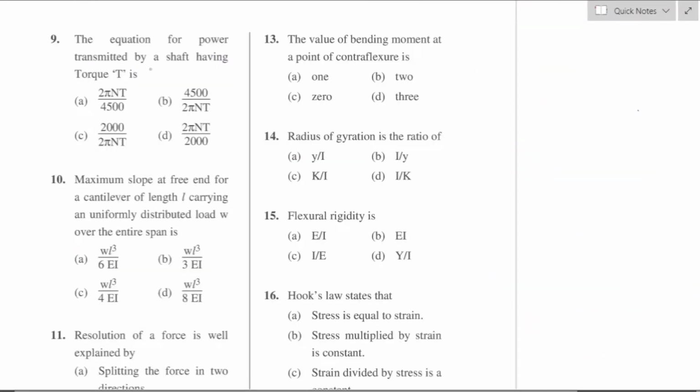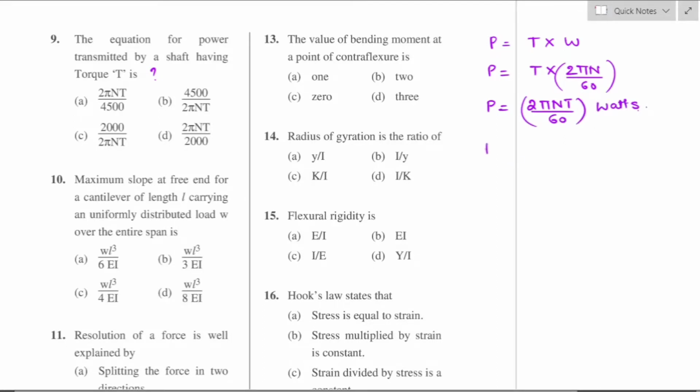Question number 9. The equation for power transmitted by the shaft having torque is. We know that power of the shaft is equal to torque into angular velocity. So torque into angular velocity is 2 pi n divided by 60, where n is the speed of a shaft in revolution per minute RPM. So power of the shaft will be 2 pi nT divided by 60. So this formula is in terms of watts.